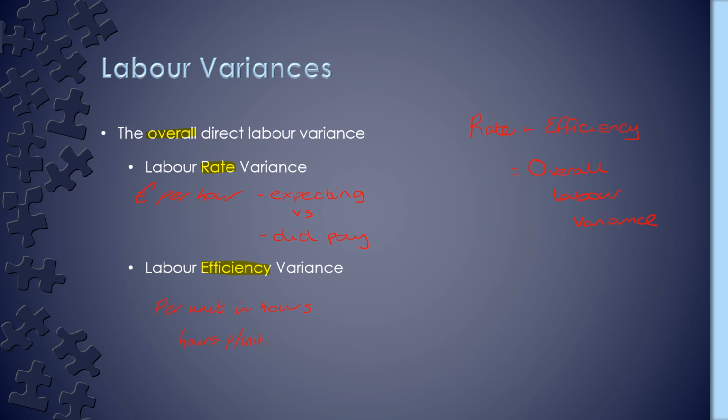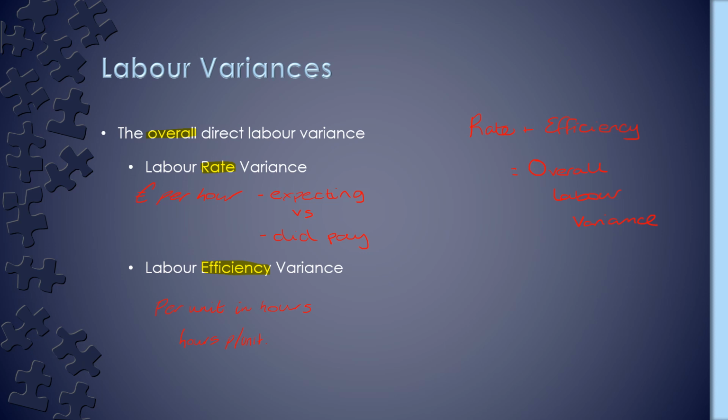Now, one thing just to talk about quickly here is just to be aware of what format the question is giving you the time in. So, for example, they may say it takes 1 hour to do as a standard cost, or it takes an hour per unit. You calculate it to be an hour per unit. But have a look, is it measured in minutes?